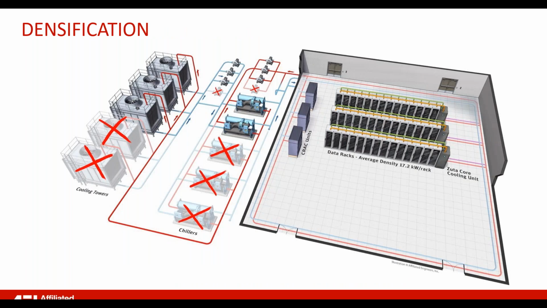Not only can computing platforms get more dense, but the data center can get more dense. This is an example of taking that baseline condition we talked about previously and increasing the rack densities from 8.6 to 17.2 kW per rack. In this case, we're showing the Zuta-Core water-cooled heat rejection unit tied to an existing chiller plant in an existing facility.